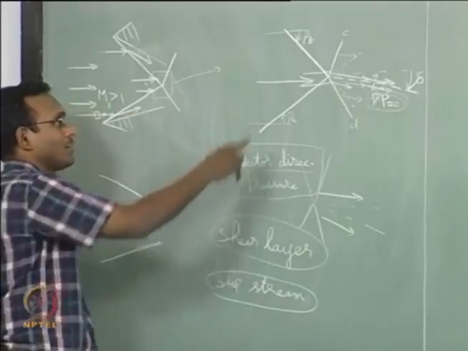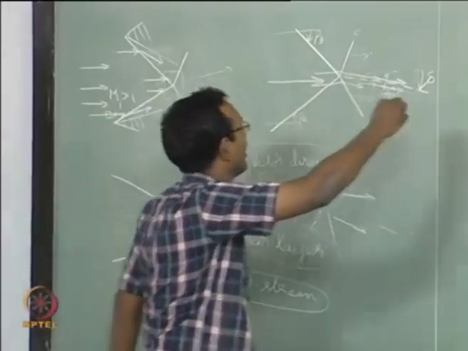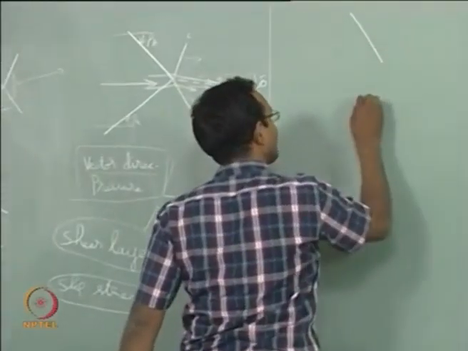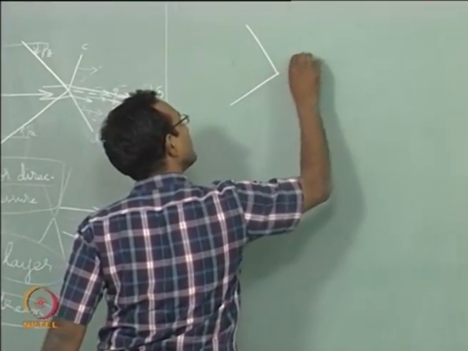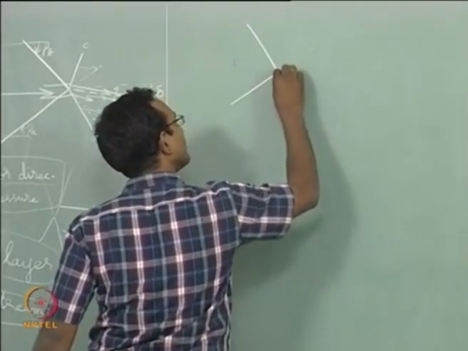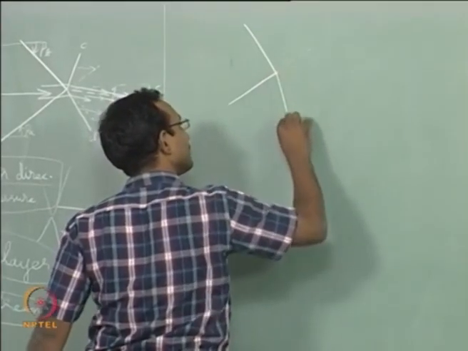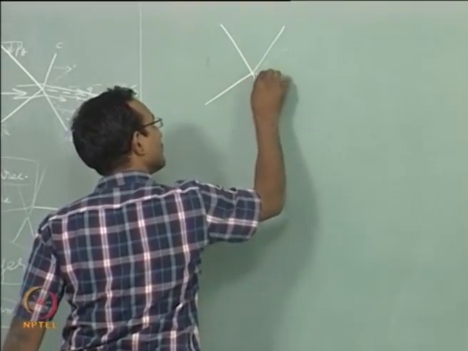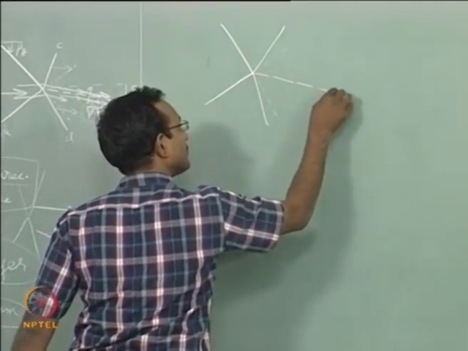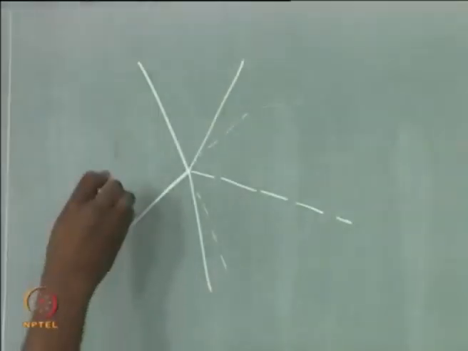Okay. So if I draw this flow without all these arrows, I will go and draw it again. This is what it will be looking like.